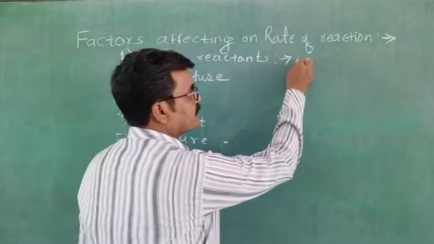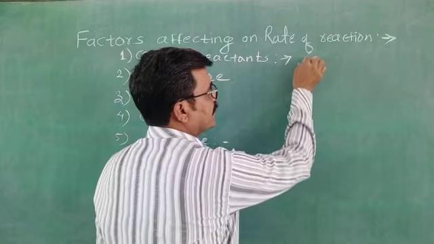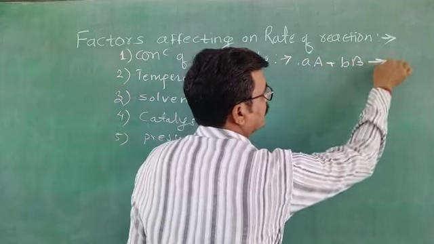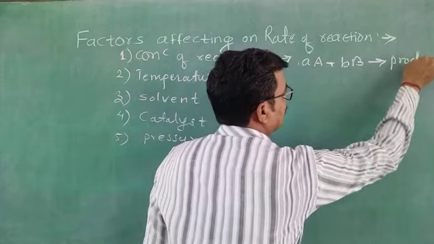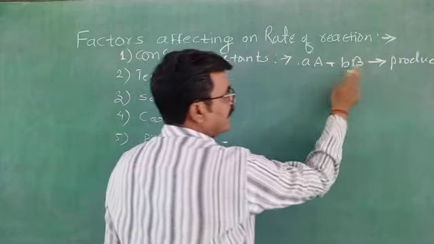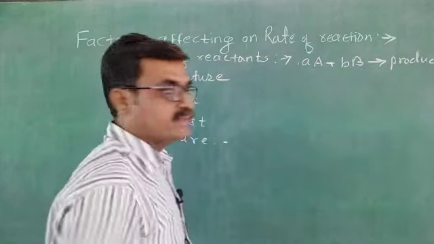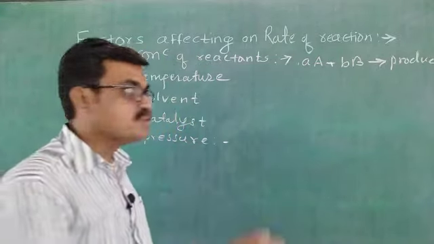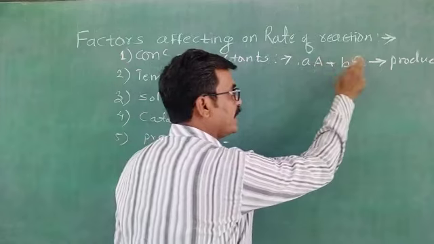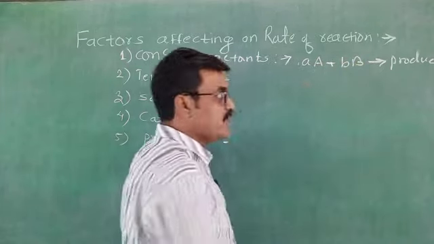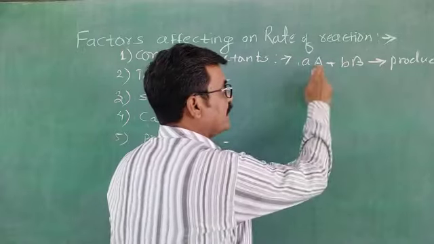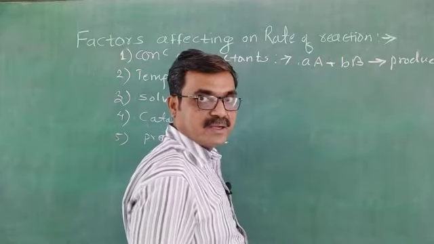Means if we consider a reaction of this type, here capital A and capital B are reactants and small a and small b are the number of moles of the reactants capital A and capital B respectively.